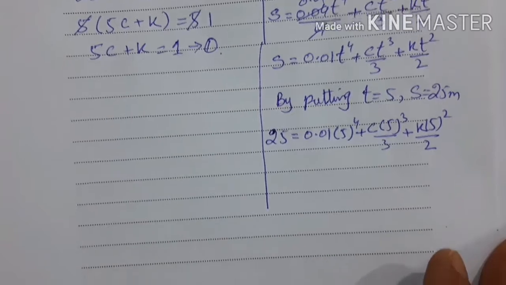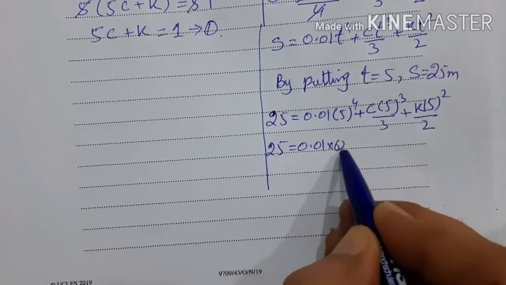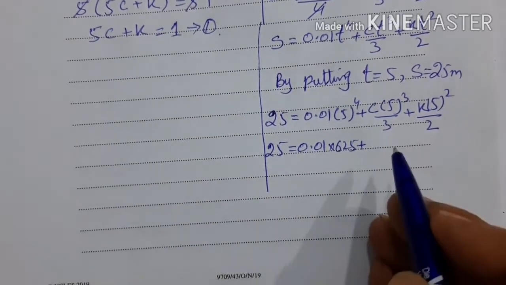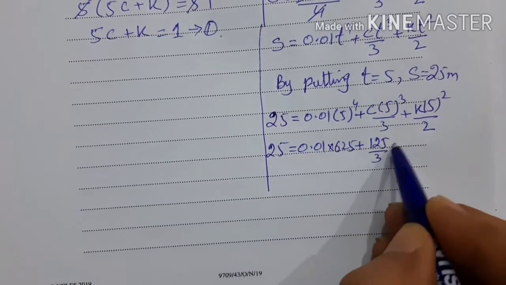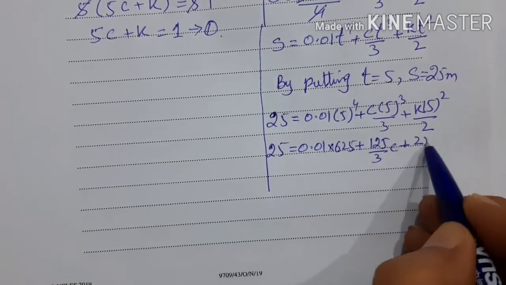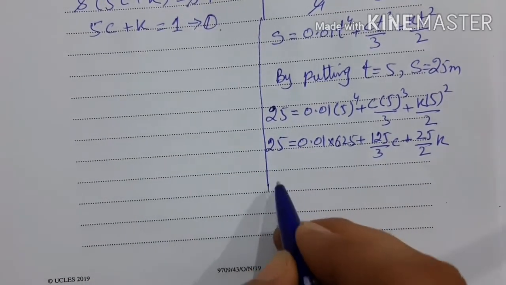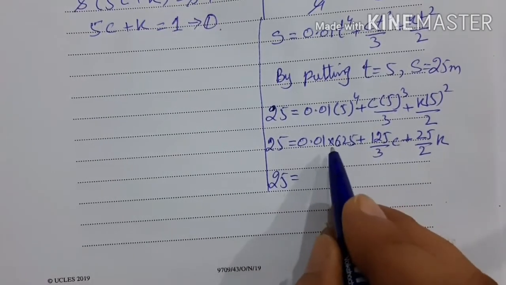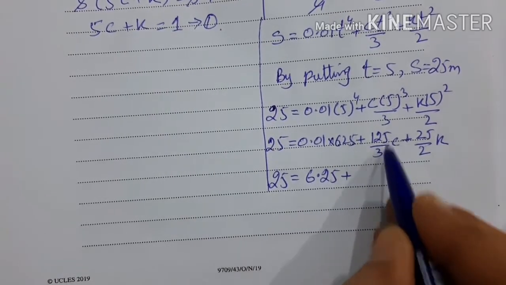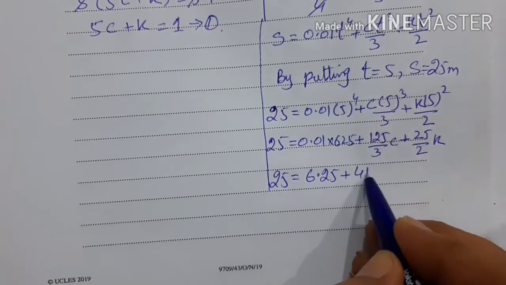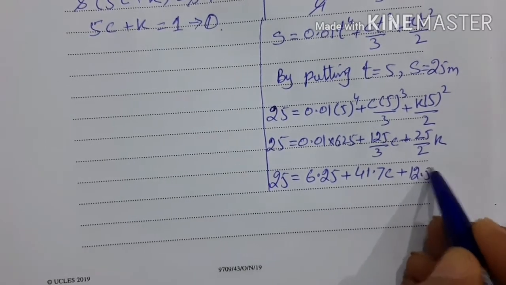So 25 is equal to 0.01 into 625, since 5 power 4 is 625, and 5 cube is 125, so 125 over 3 c plus 25 over 2 k. So 25 is equal to 0.01 multiplied by 625, which is 6.25, plus 125 over 3, which means 41.7 c, and 25 over 2, which means 12.5 k.